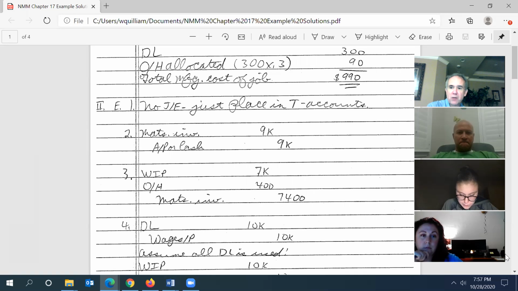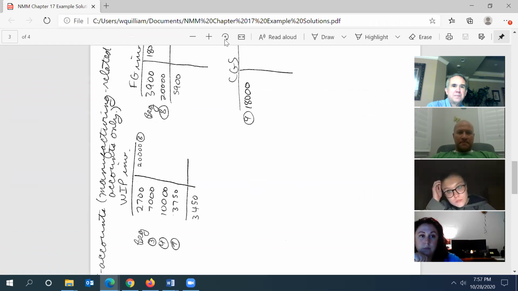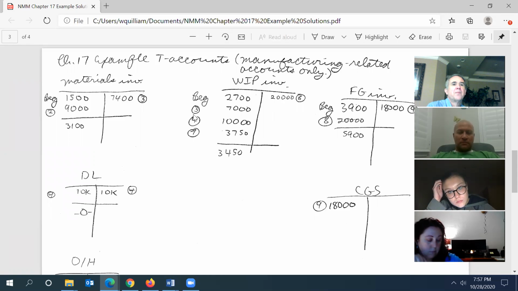Those are all manufacturing related accounts. So in journal entry number 3, I reduced materials inventory by $7,400. I transferred over to the next inventory, work in process, the $7,000 of direct materials.